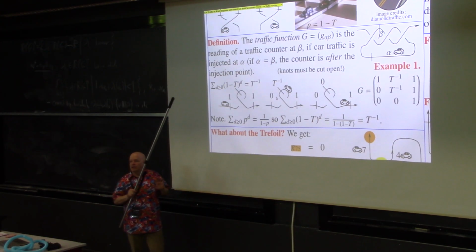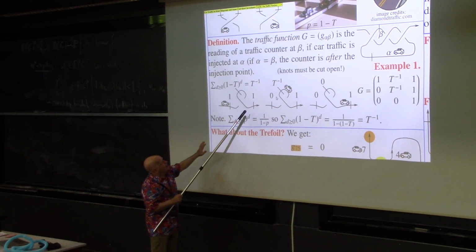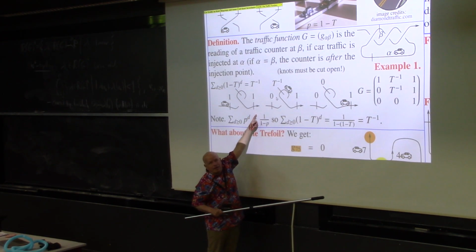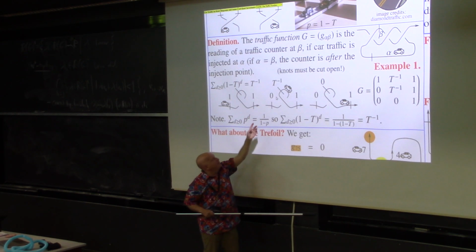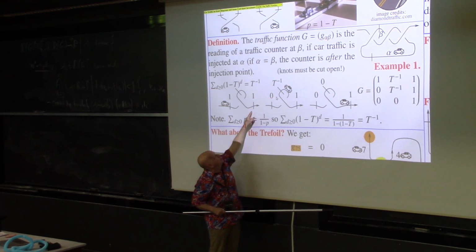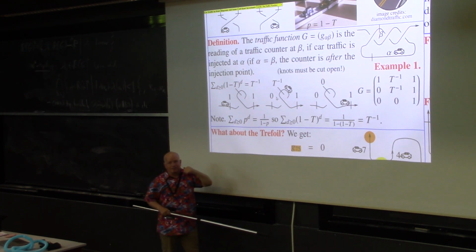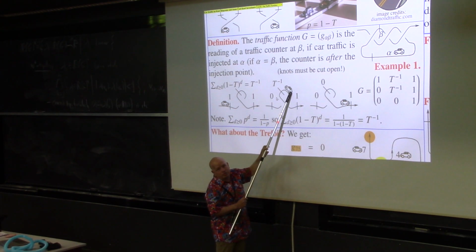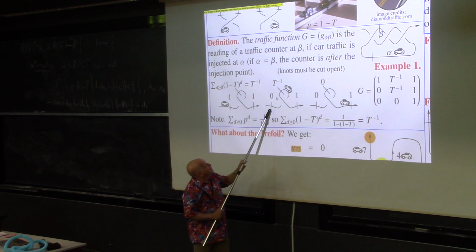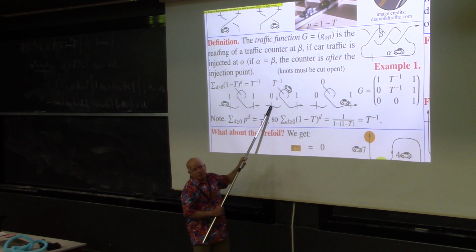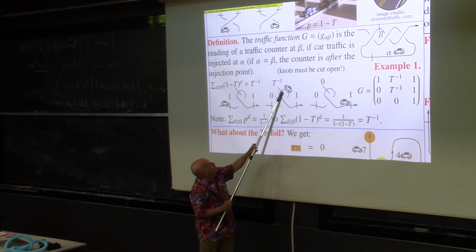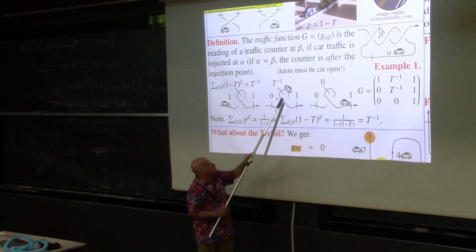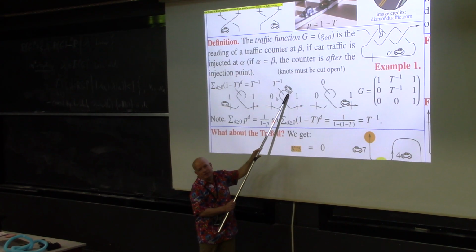So a counter placed here will measure traffic amount of T inverse. Are we good? And then all cars eventually get here, and once they get here, they disappear, so they never get here twice. So a counter placed here will measure 1. Now, if you inject the traffic on edge number 2, then the counter here will measure 0. The counter here is the same. It just doesn't matter if you inject it here or here, because all the cars come here.